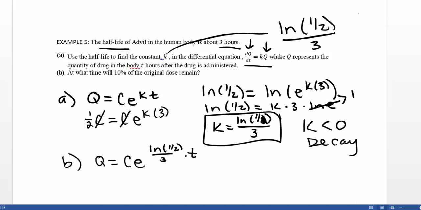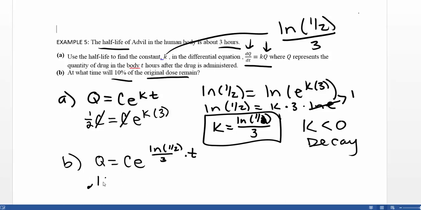And I want to know when does 10% of the original dose remain.